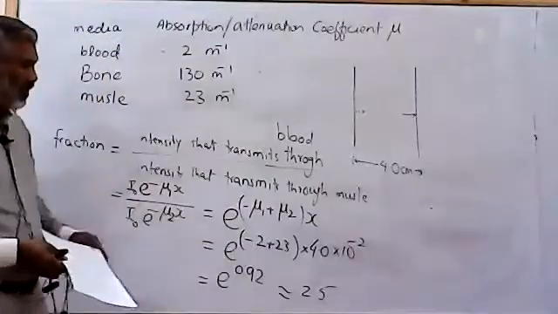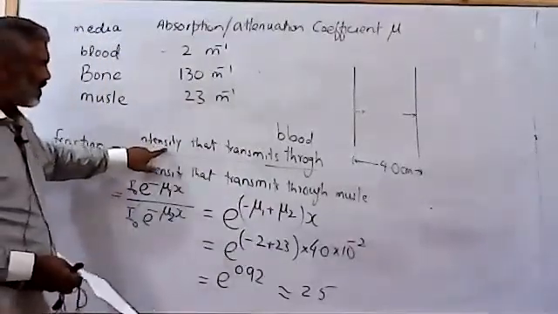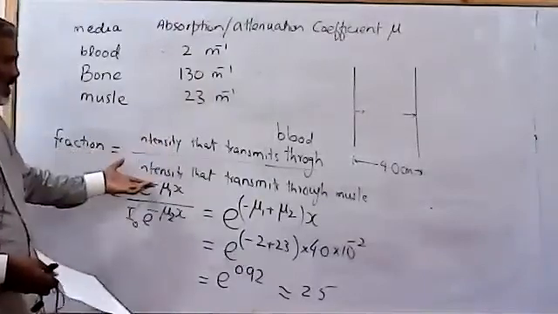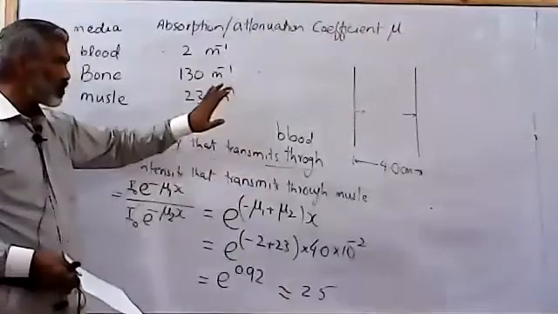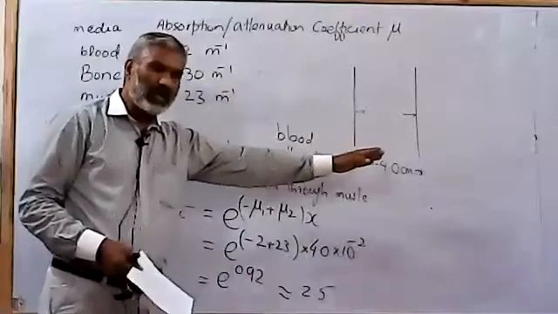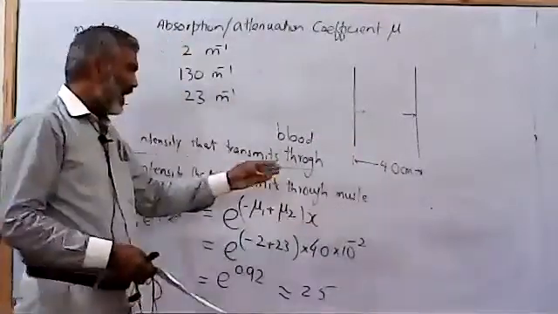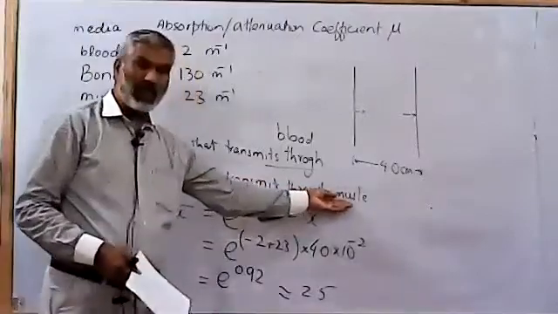So this 2.1 simply shows that the value of this intensity will be larger, naturally, because the absorption coefficient of blood is smaller. So smaller attenuation will result through that section which contains blood only, as compared to that section of the body which is muscle.